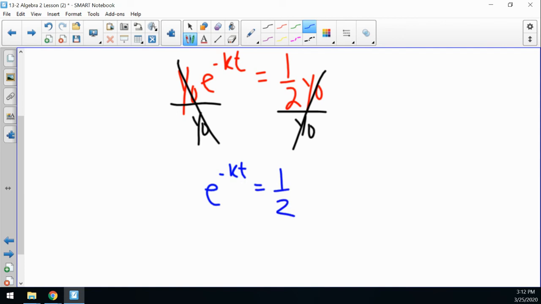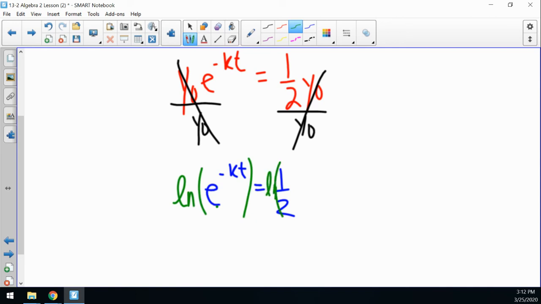Now, you guys probably haven't done a lot of these radioactive decay problems, but you'll figure out that this kind of happens all the time. So we want to solve this out for t. That's what I'm trying to figure out, okay? If we want to get rid of e, we have to take the natural log of both sides, right?